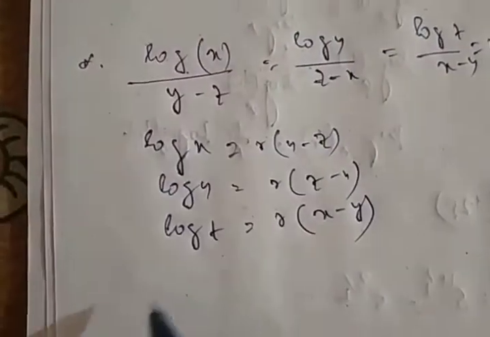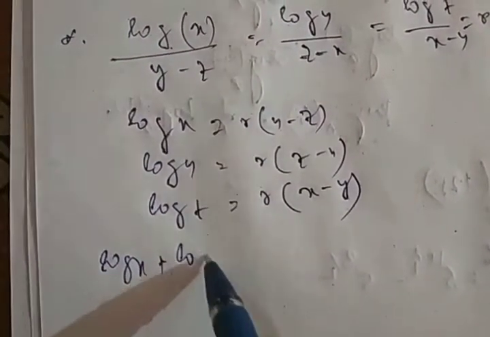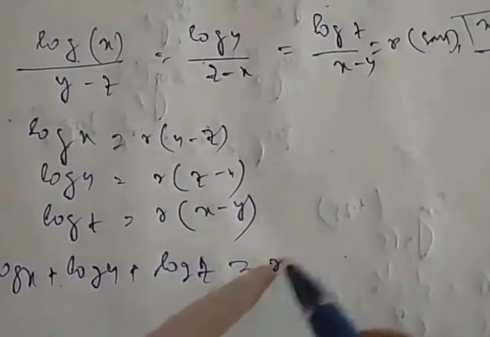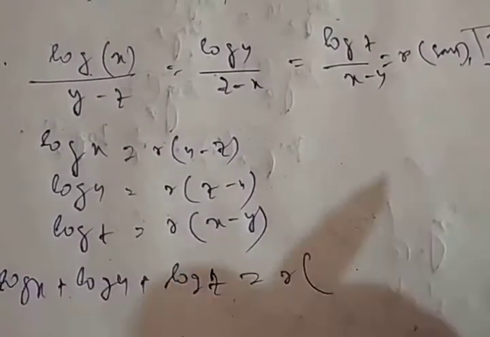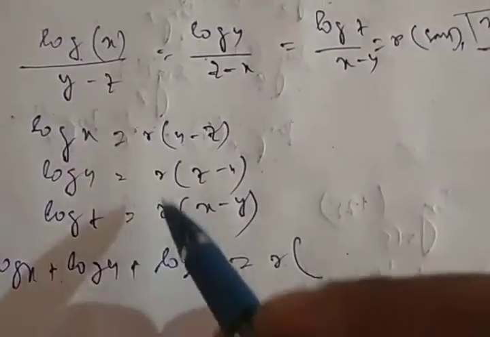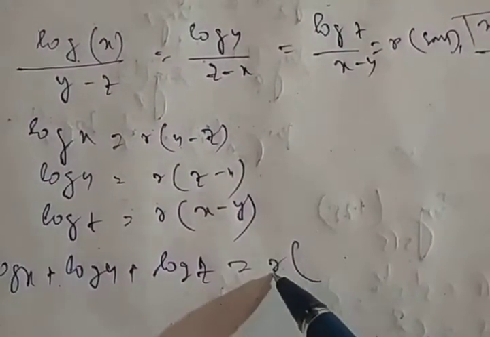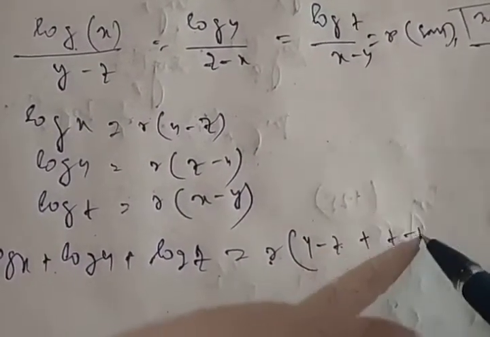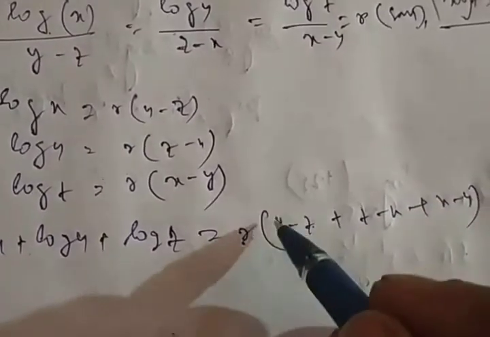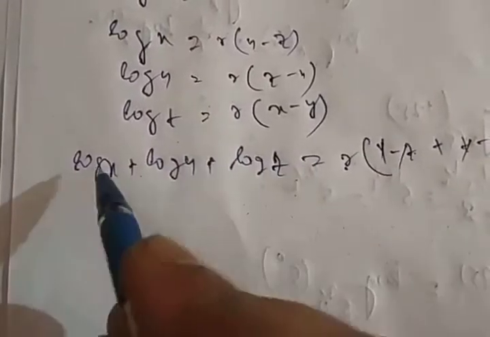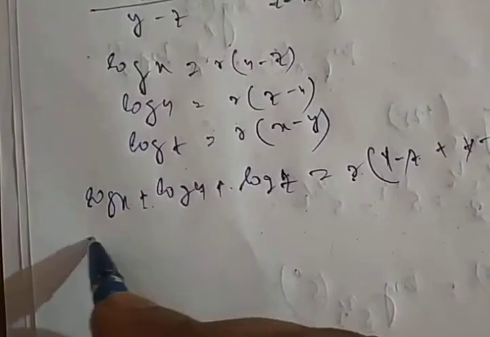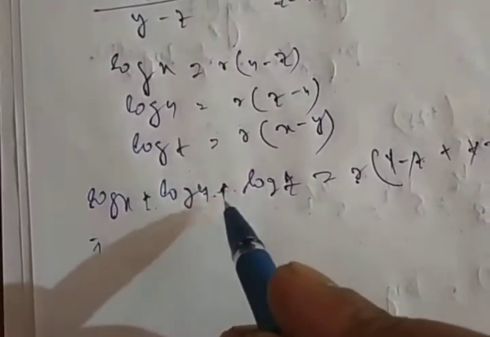So log x plus log y plus log z equals the sum of these, and r is common, taking out r as common, we get y minus z plus z minus x plus x minus y. So all is cancelled out. This is log of m plus log of n plus log of o, all in the plus form.